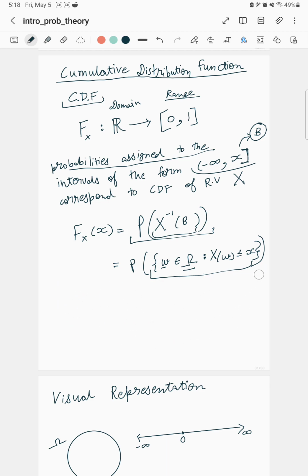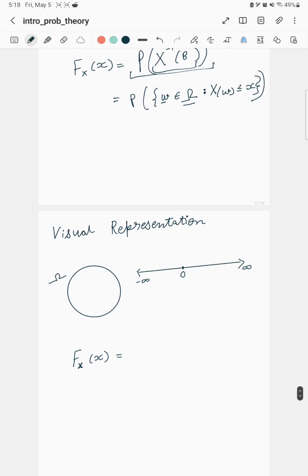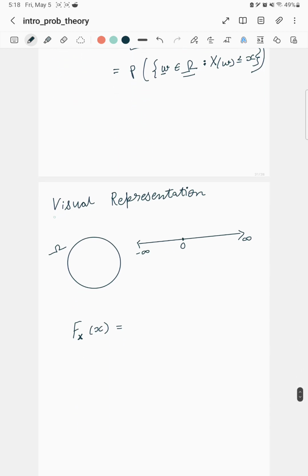Now let's see an example of a cumulative distribution function in order to improve our understanding. And we would do it using visual representation so that it's easier to follow. As you had seen in the previous example, let's say we have a coin toss experiment where we can have two outcomes of a coin toss, either heads or tails.